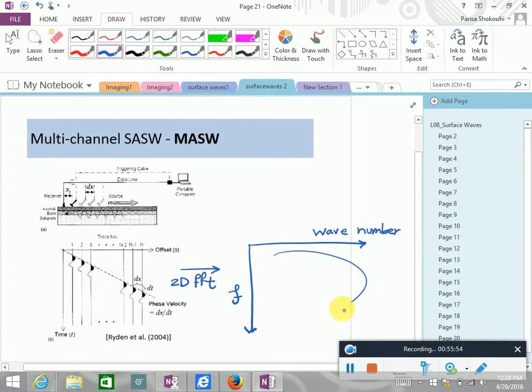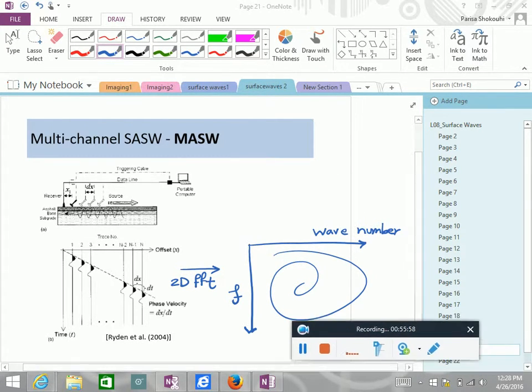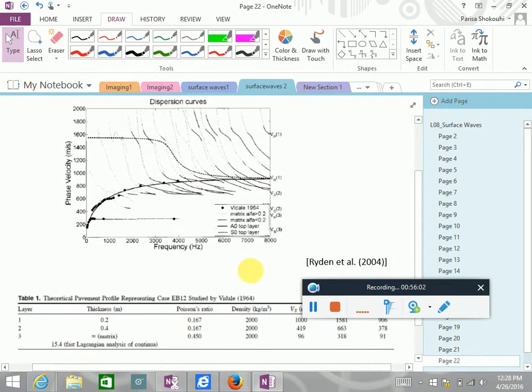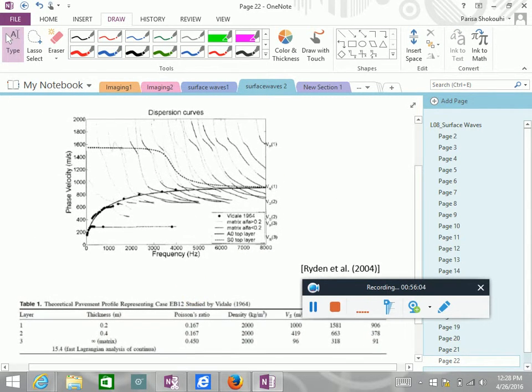And then here is what you get, your dispersion. This is what you will end up with. So instead of just getting one dispersion curve, you get all these wonderful curves. When you see things a little bit larger, it means that you have larger amplitude here. So let's see what this is.